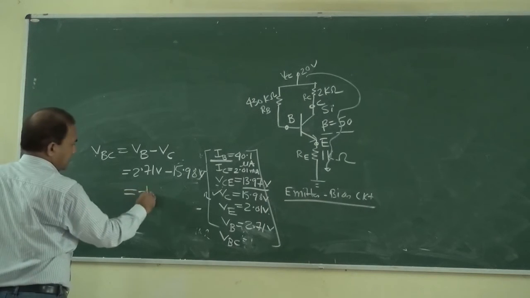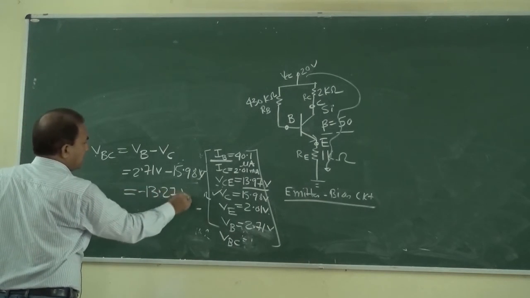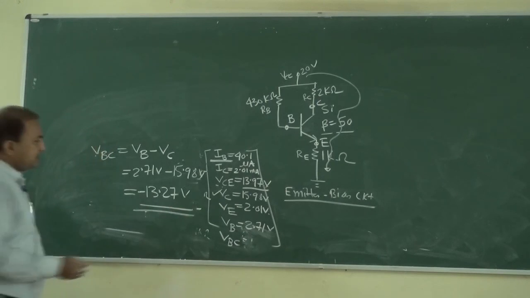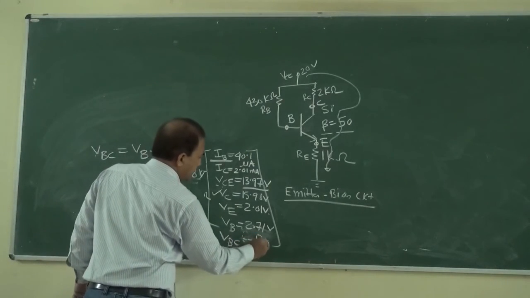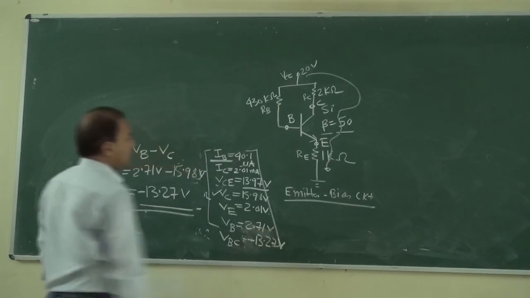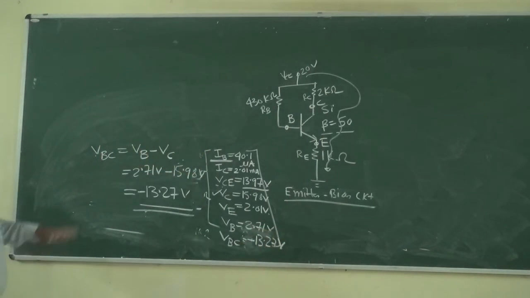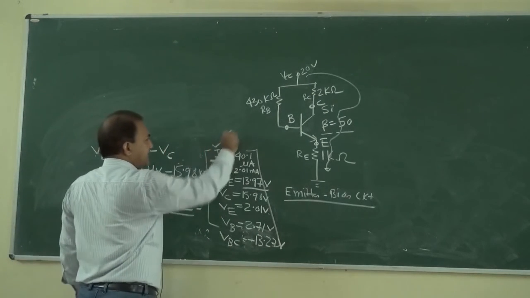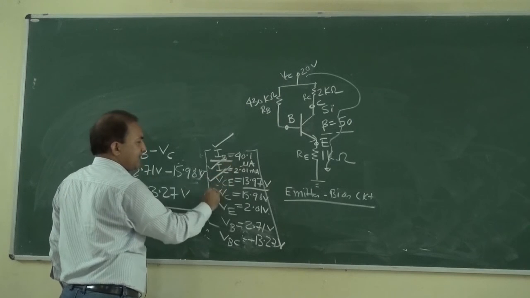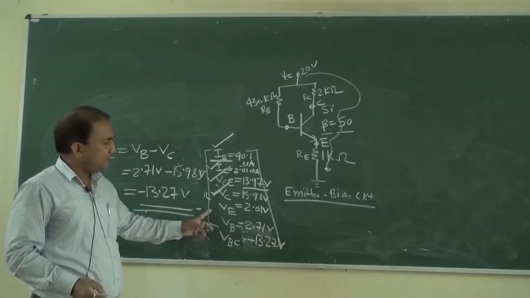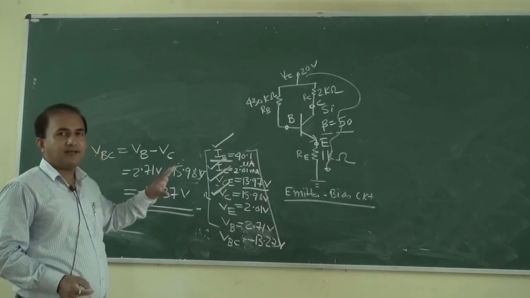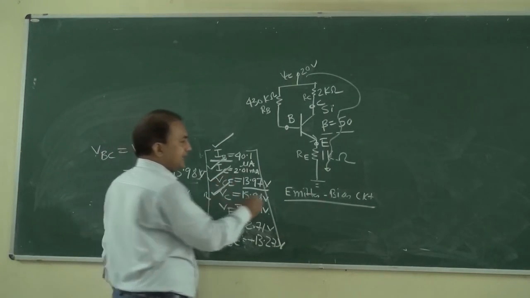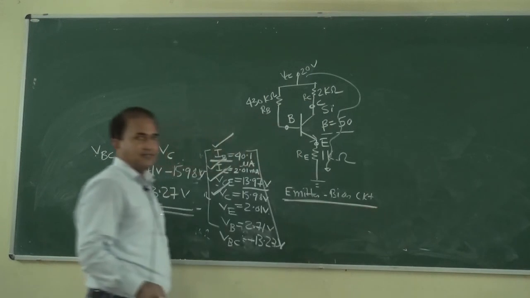So the result is 13.27 volt, but its value is negative, so it is minus 13.27 volt. In this way we can calculate different values. We have calculated IB, IC, VCE, VC, VE, VB, and VBC. So in this way we can calculate the different parameters in the case of an emitter bias circuit.